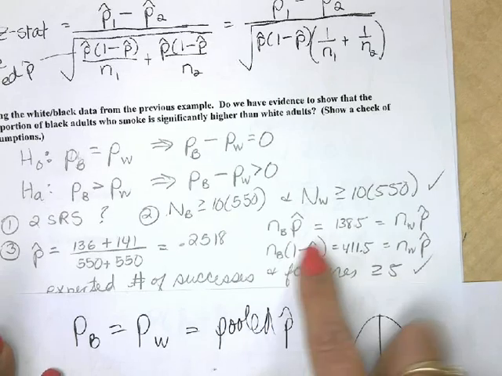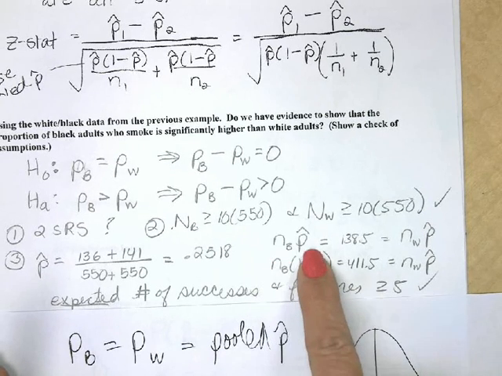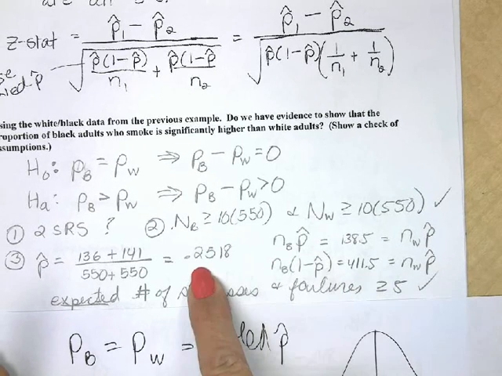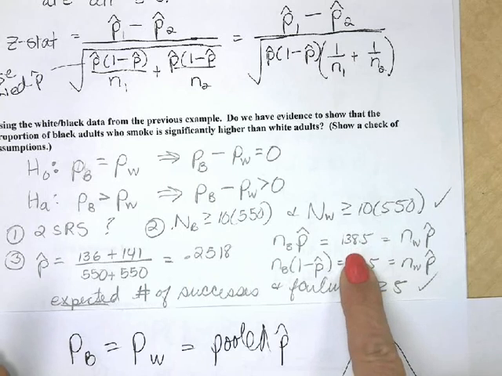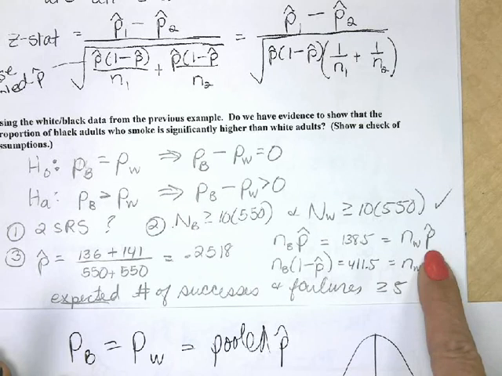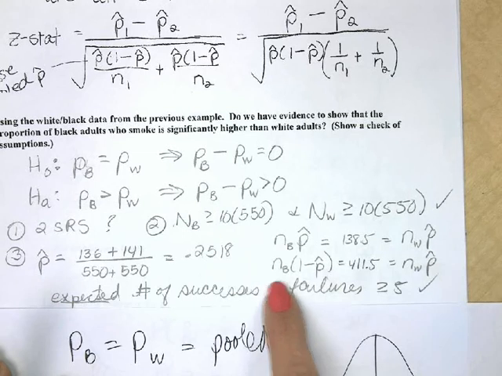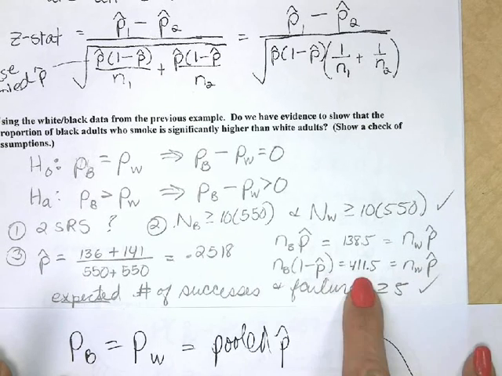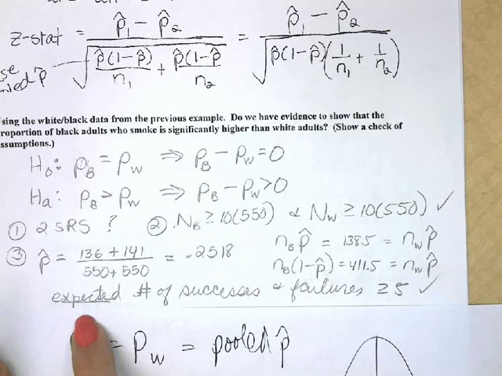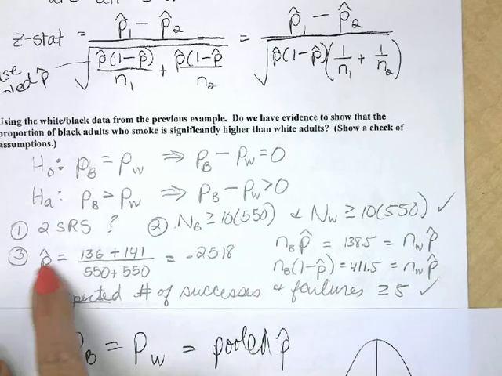My sample size for the black adults was 550 times the pooled p of 0.2518 gives me this as my expected number of successes, which will be the same as the value for the white adults as well, since the sample sizes are the same. And for both groups, this is how many failures I expect to get. So my expected number of successes and failures are at least 5 based on using my pooled p.